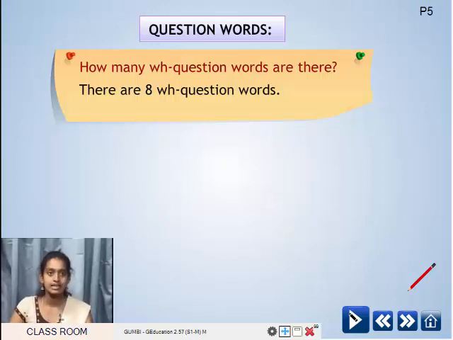See, neatly is the adverb. But he has not written neatly. He has written shabbily. What he has written is not clear. Whereas she has written neatly. So all these words, children, they are telling about how somebody has written. So these words will become adverbs.